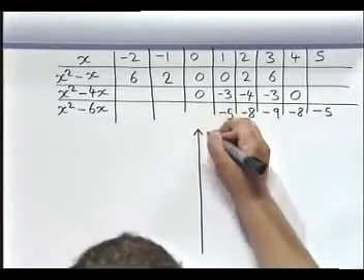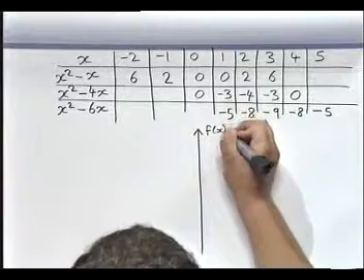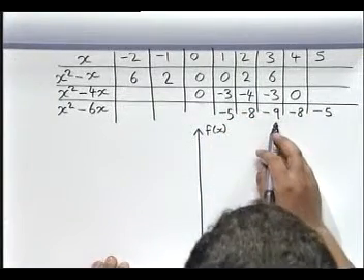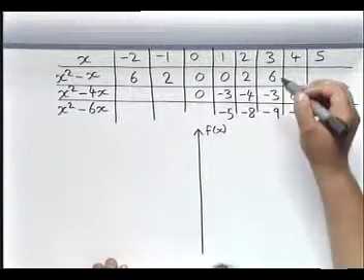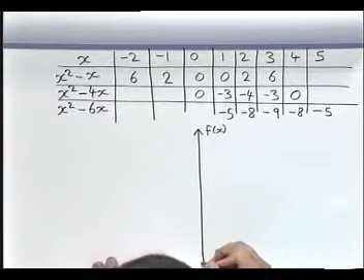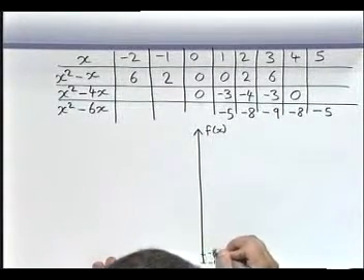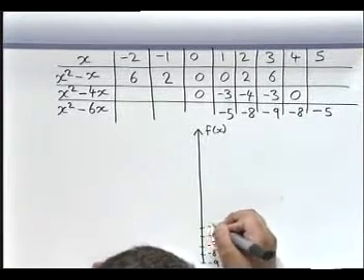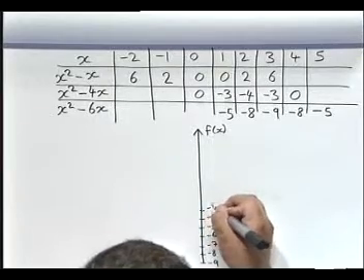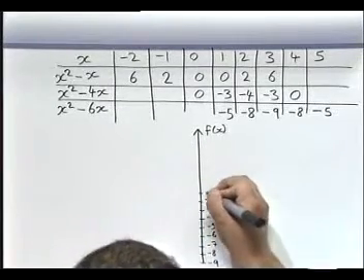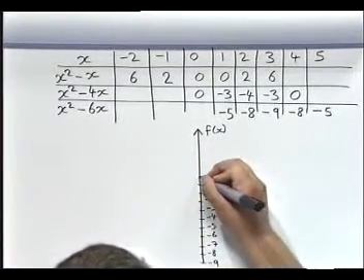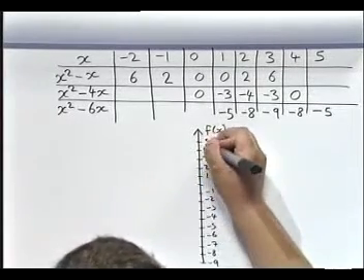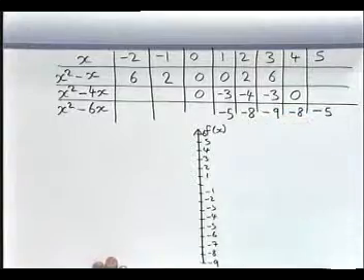So if we've got f of x on our vertical axis, this time our lowest value is minus 9, our highest value is 6. So we're coming from minus 9, minus 8, minus 7, minus 6, minus 5, minus 4, minus 3, minus 2, minus 1, 0, 1, 2, 3, 4, 5, and we just squeeze in 6.